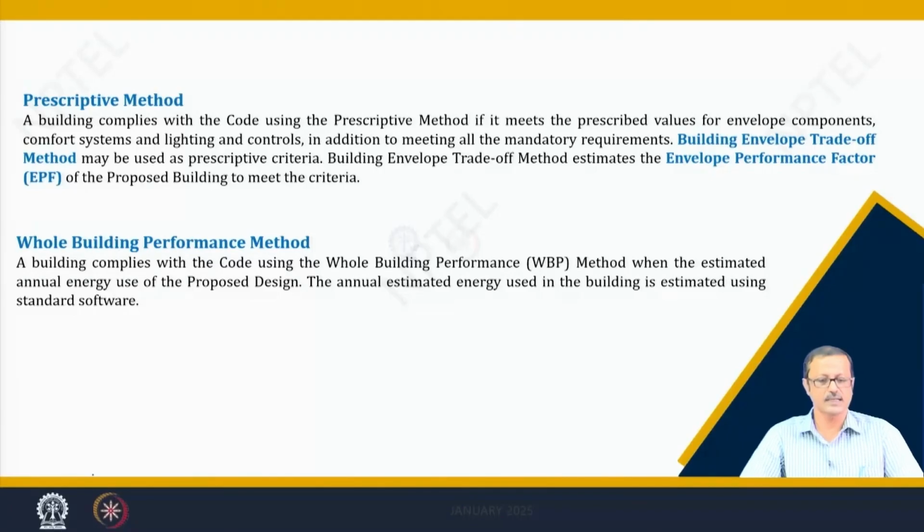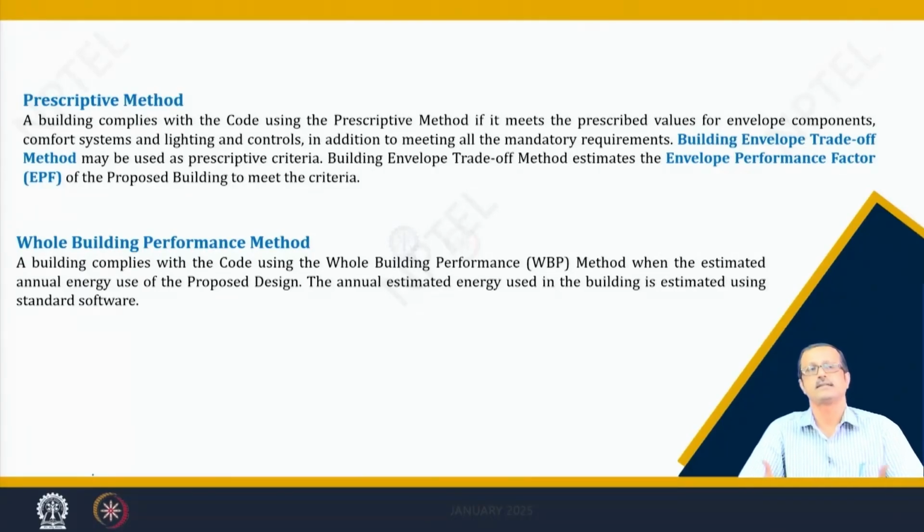The second method is the whole building performance method, in which we can use some software and estimate the annual energy. That is a straightforward thing, you just do some kind of software simulation and find out the total annual load.